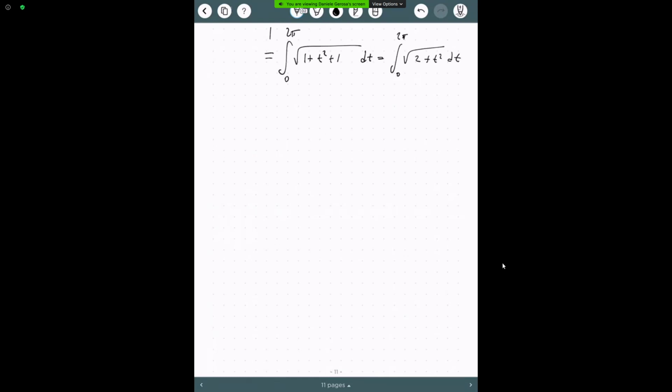So now, if we had minus t squared, the square root of 2 minus t squared, that would be easy to solve because you know how to solve it doing a change of variables. You just set t equal to sine or cosine, and then you can simplify it quite easily. In this case, unfortunately, we cannot.